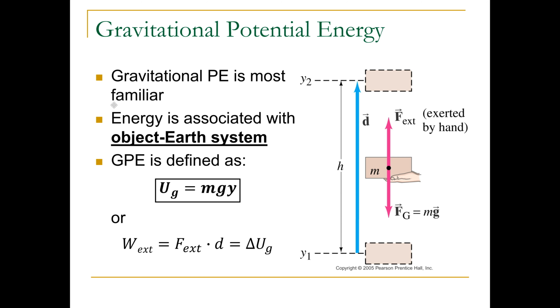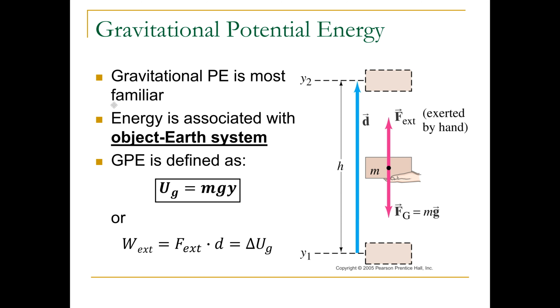The textbook, I think, just uses GPE in the equation itself. The AP equation sheet uses a capital U for all potential energies, along with some subscript to describe which type of potential energy we're talking about.